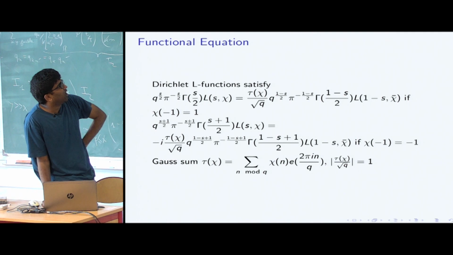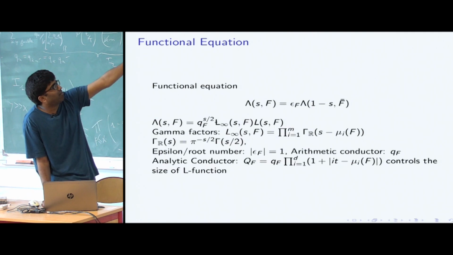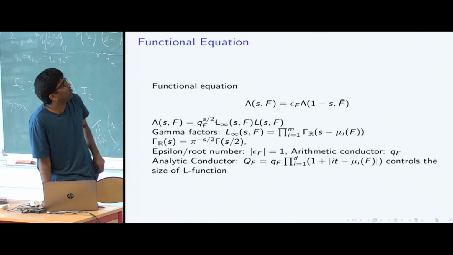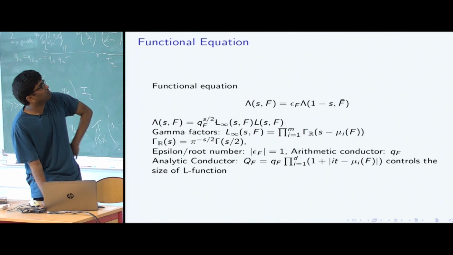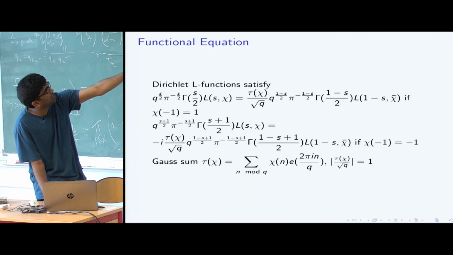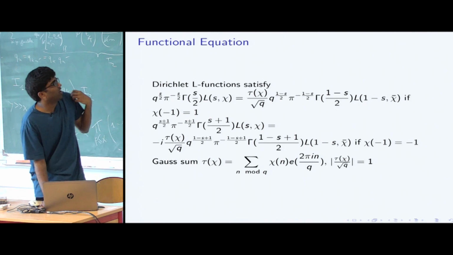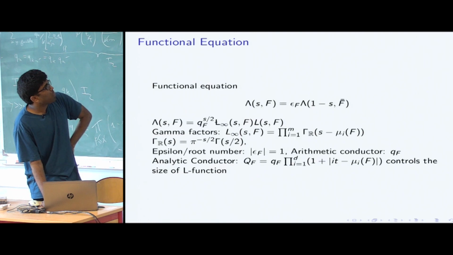So in general you have a functional equation of this form: Lambda(s, f) is some epsilon_f times Lambda(1 minus s, f bar). You put in some gamma factors, you put in some arithmetic factors, and there is a number of modulus 1, which in the Dirichlet L-function case is the normalized Gauss sum.